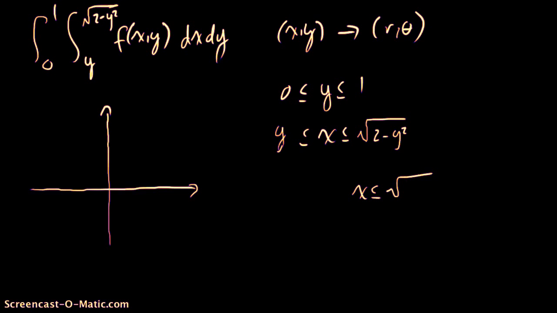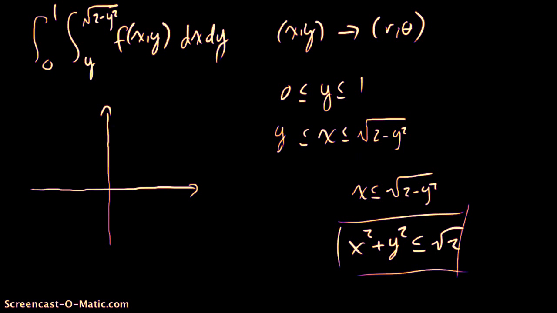the upper bound for x is just going to be the same thing as a circle with radius square root of 2, by using a little bit of rearranging. So we can really just draw the circle then.